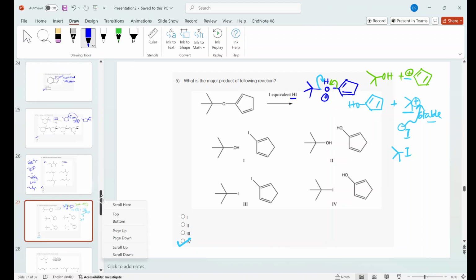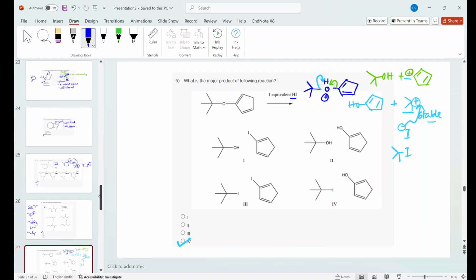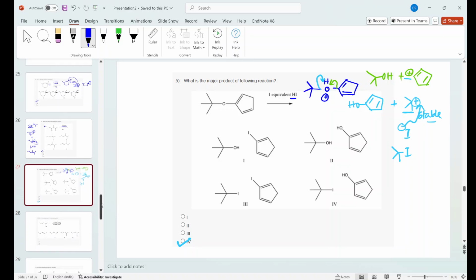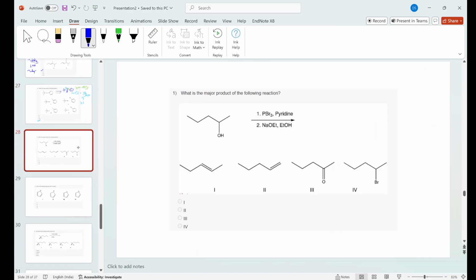Now let us move forward. What is the major product of the following reaction? So you are reacting with PBr3, okay, in pyridine. So we have already discussed, right? Let us try to do it. First step will be the replacement of OH by Br. Okay, I'm not going into the stereochemistry of this reaction. This is not required. Second step, they have used sodium ethoxide.